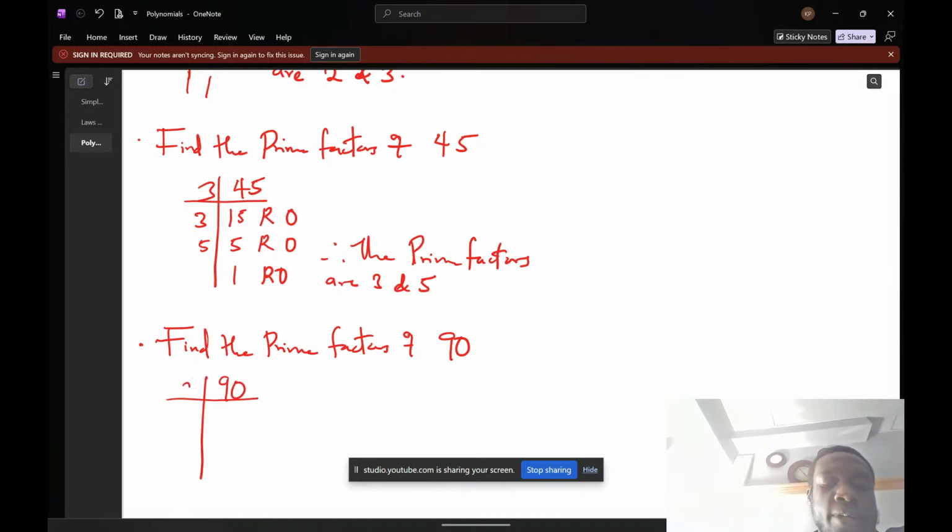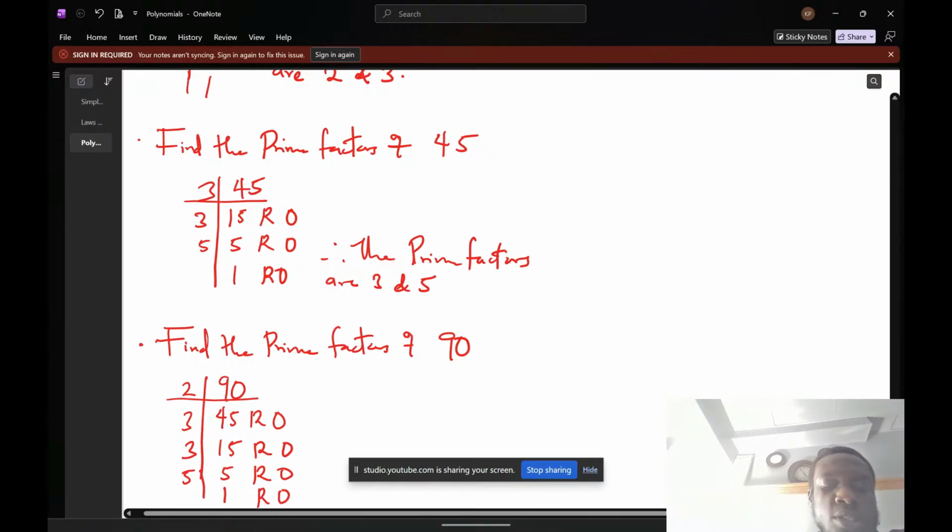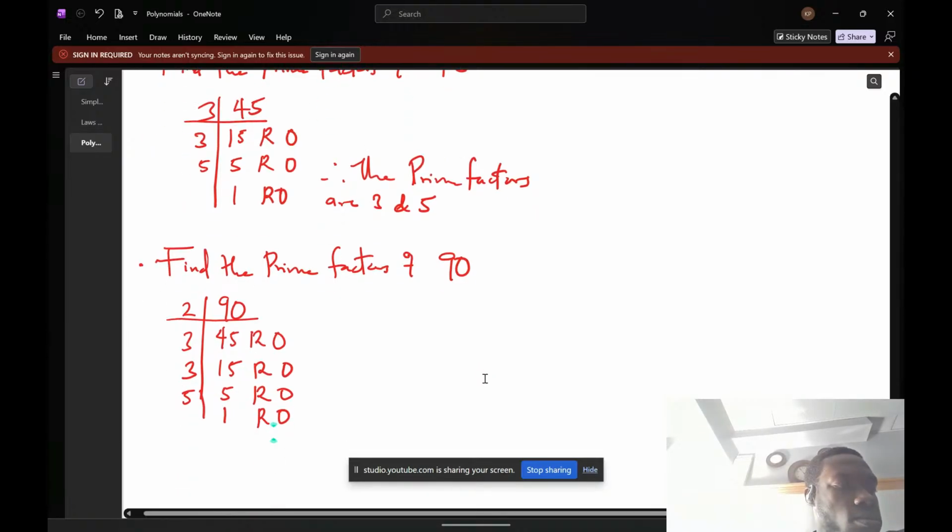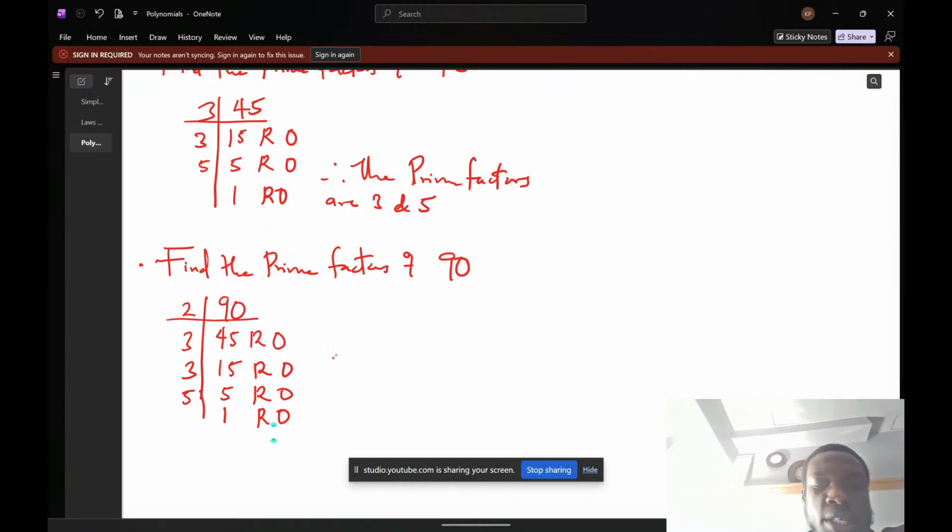Okay, so 90 divided by 2 will give us 45, remainder 0. 45 divided by 3 will give us 15, remainder 0. 15 divided by 3 will give us 5, remainder 0. 5 divided by 5 will give us 1, remainder 0. So in this case, we can say that the prime factors are 2, 3, and 5.